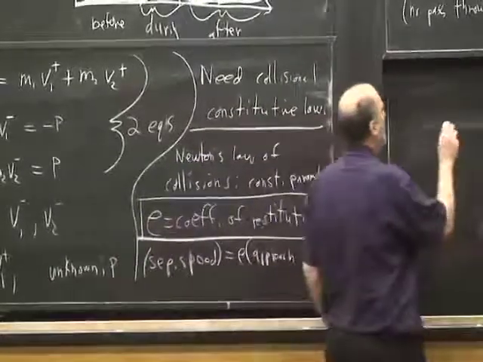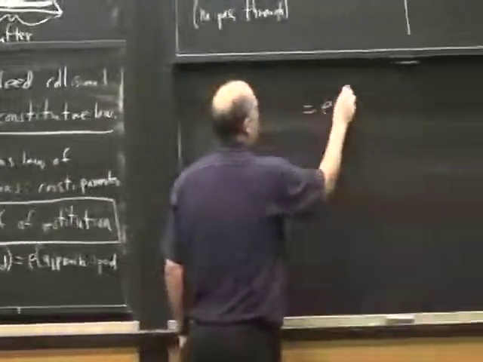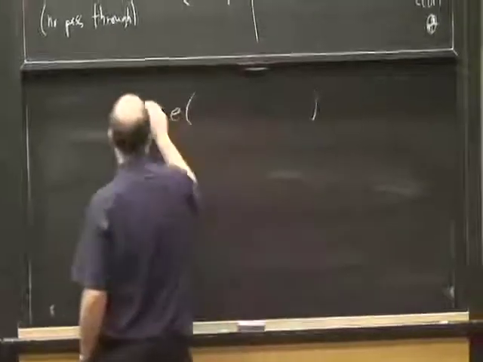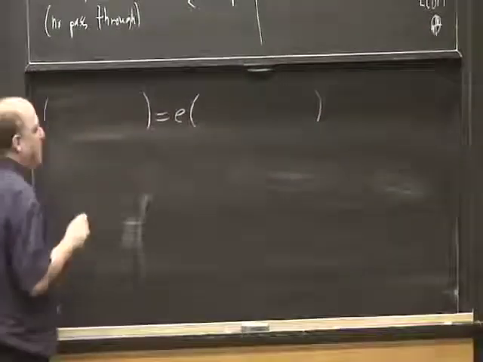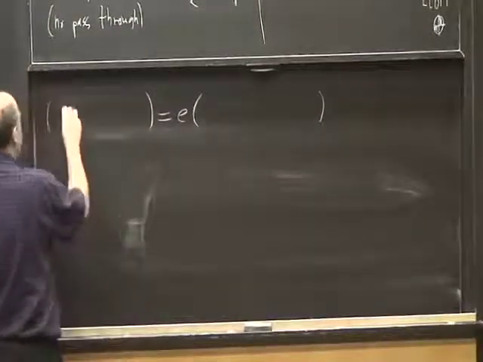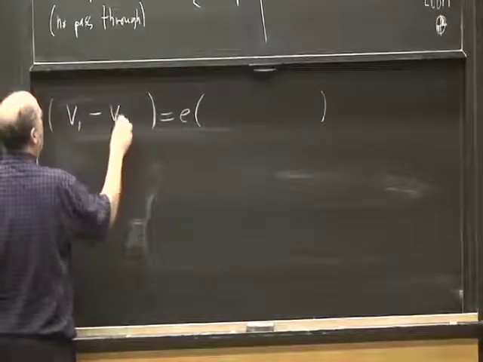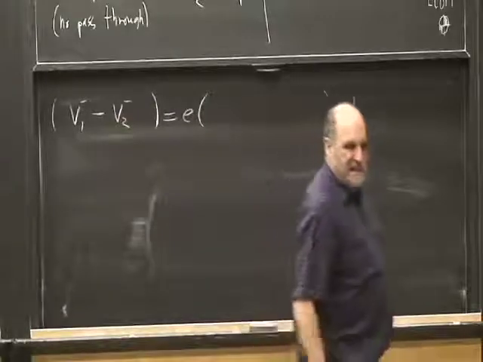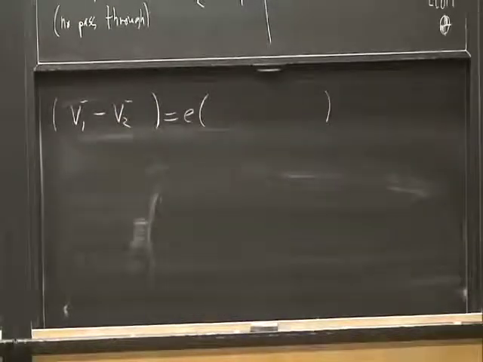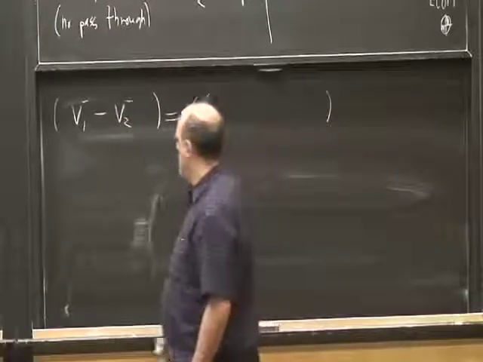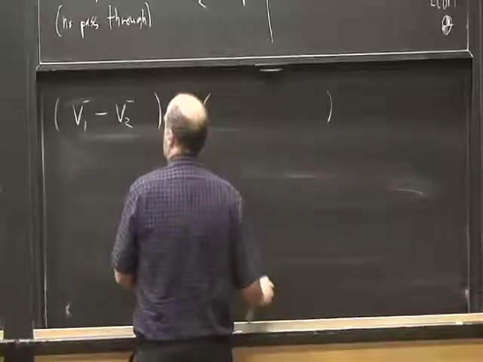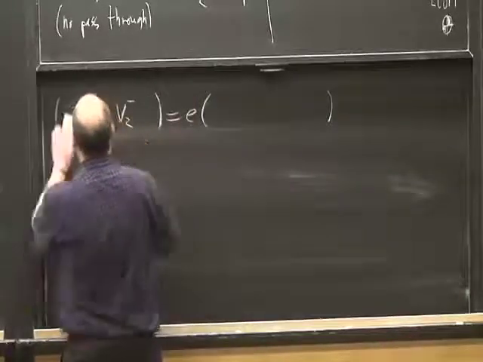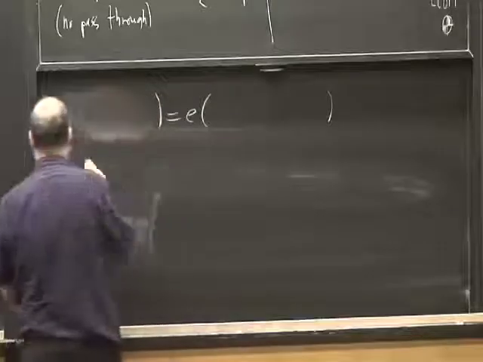And if we're going to calculate that in terms of V2 and V1, if we put V1 on the left and V2 on the right, the approach speed is V1 minus V2. That's how fast they're approaching each other. Isn't that the separation sign? Let's be consistent with what I wrote before.